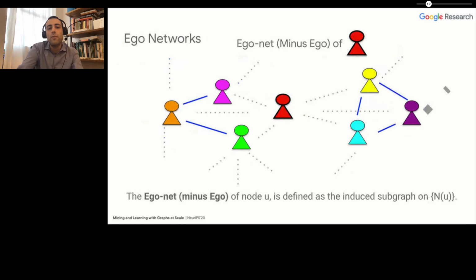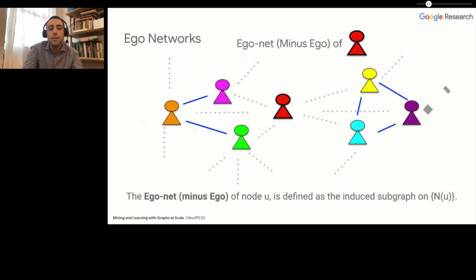So first of all, I want to define what an ego network is. An ego network is a graph theoretic concept which is defined for each individual node in the graph. For one node, like the center red node in the slide, the ego network is defined as the set of neighbors of this node and all the connections between them. This is sometimes called the ego network minus ego, but I will just say ego network from now on. So why do we care about the ego network?